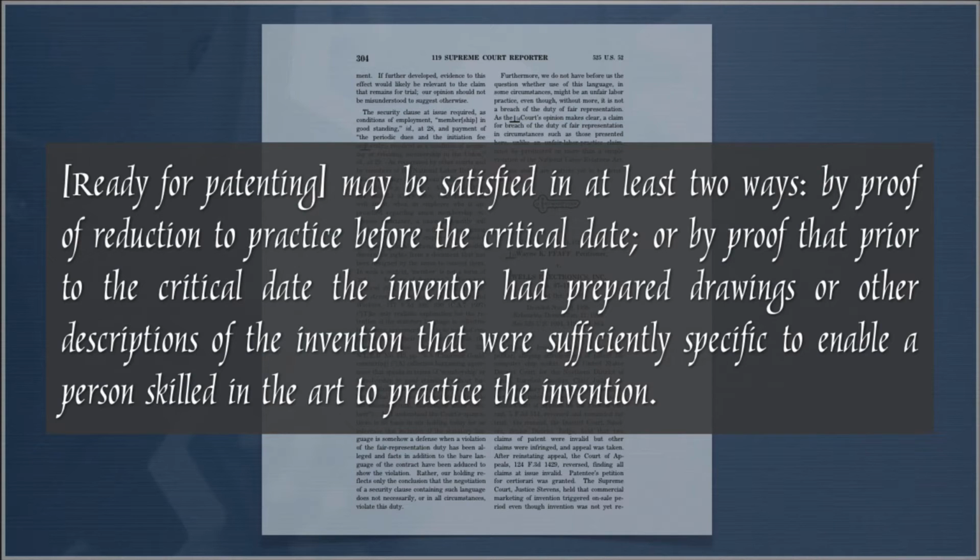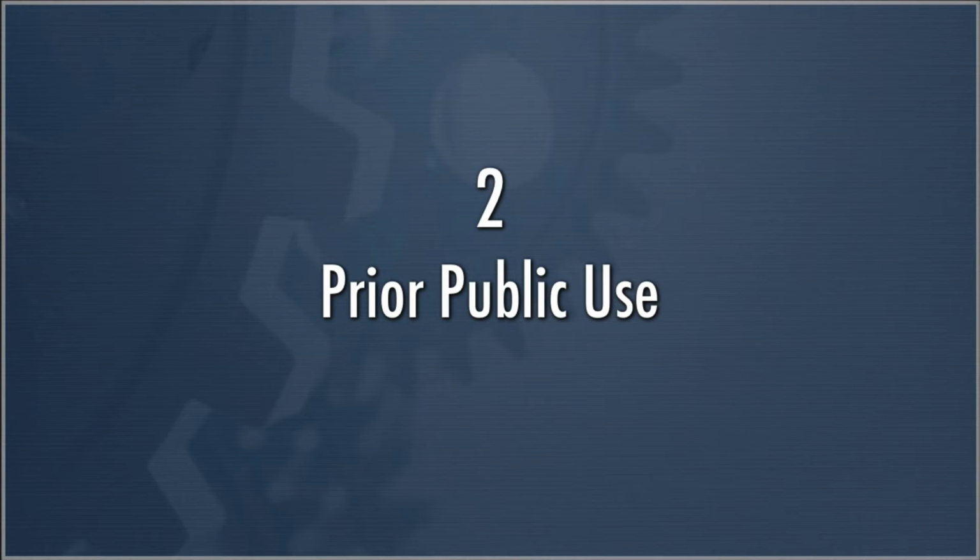Okay, so that's the on-sale bar issue, and really, again, it's a relatively simple and straightforward thing, right? As far as what sales are, the Federal Circuit has said many times that they look generally at basic contract law, although the court is rather nebulous about exactly what kind of contract law it uses, and it doesn't really use any particular contract law for that.